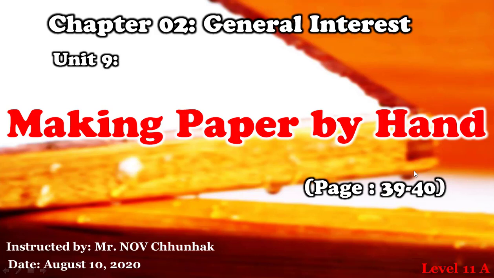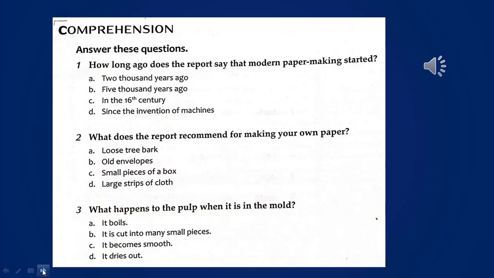Okay, so to continue our lesson, the teacher would like you to move on to the practice here. The practice is on page 40, everyone. You have to listen to the report again and answer these three questions.